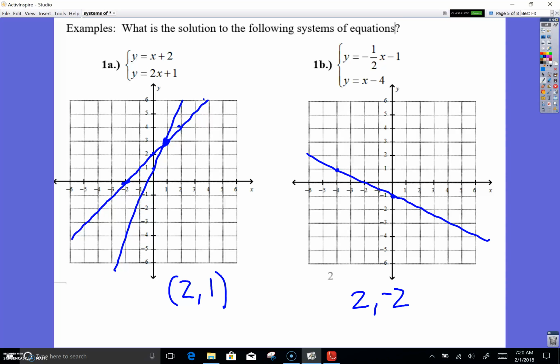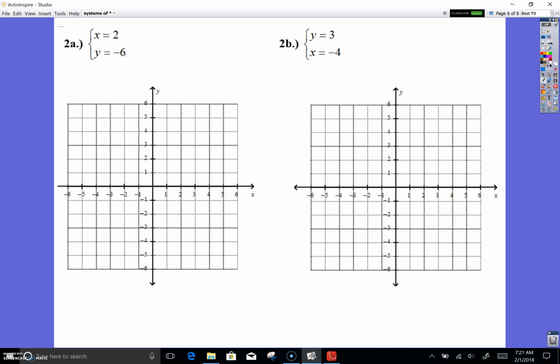Okay, x minus 4. That's my intersection there. Alright, moving on.